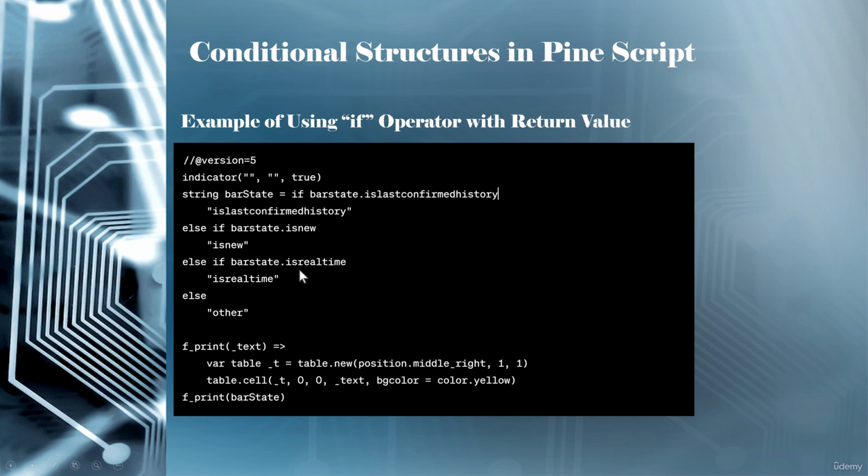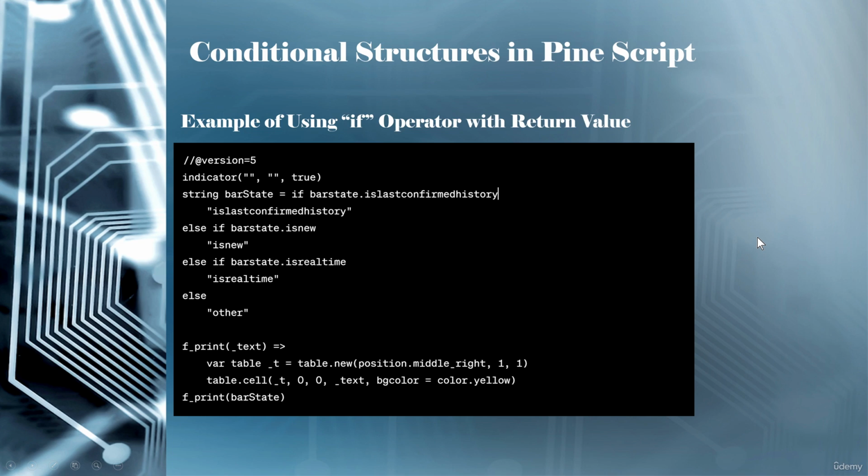If barstate.isrealtime is true, then the isRealtime string will be returned and assigned to the barState variable. If neither of these three conditions is true, then the other string will be returned after the else statement, and this other string will be assigned to the barState variable.